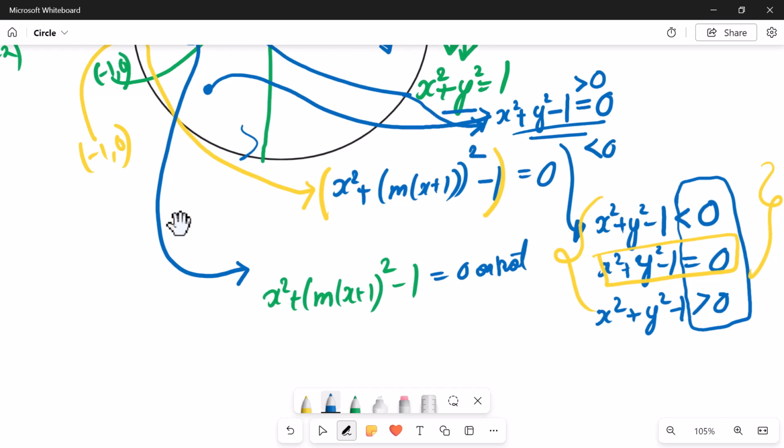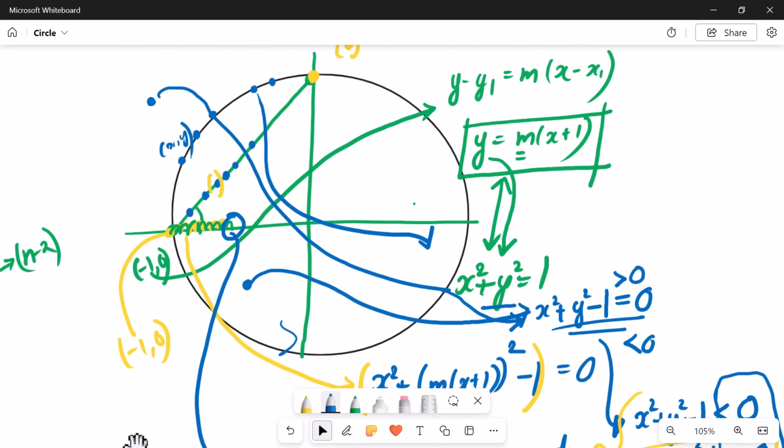If the value comes out to be 0, then we will append that coordinate into our list of vertices of our polygon. And if the value is not coming out to be 0, if it is coming out to be negative, which in this case it will, because the point on the line is coming inside the circle.